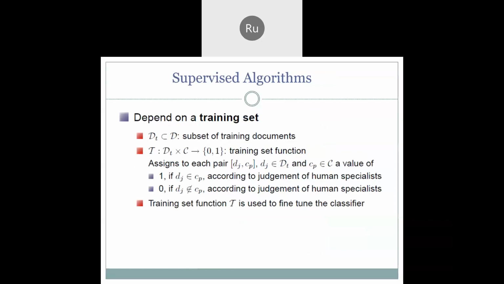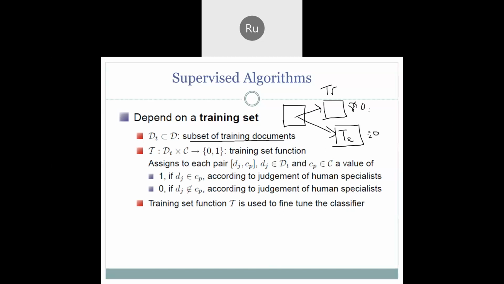So for the training set, of course, we need to have a subset of training documents. So for example, if you have this data set, you need to divide them into two partitions. So the percentage could vary. So it could be 80%. This is 20%. So this is your training, and this is your testing.